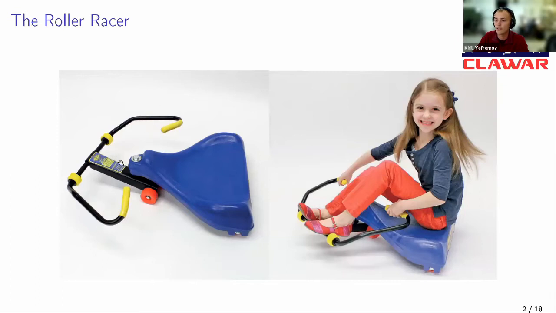Roller racer is a toy for children and looks like this, and consists of two parts. The first part is a big part for sitting, and the second part is a smaller part for steering and moving.